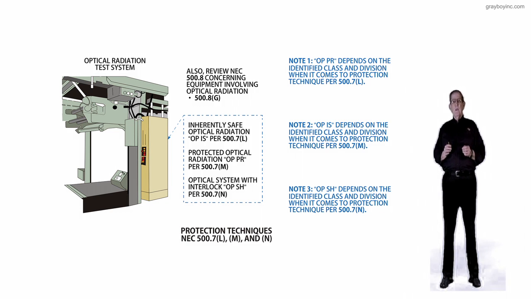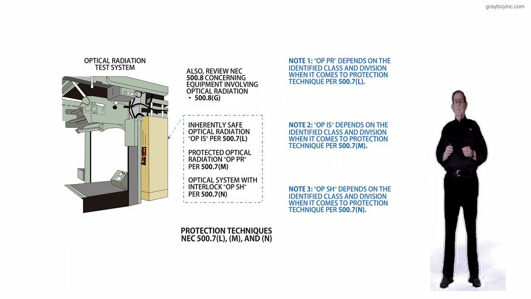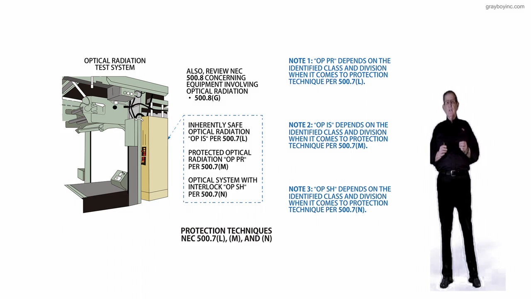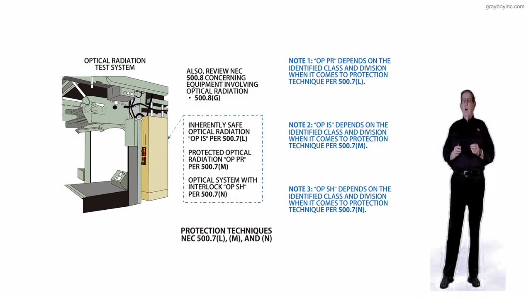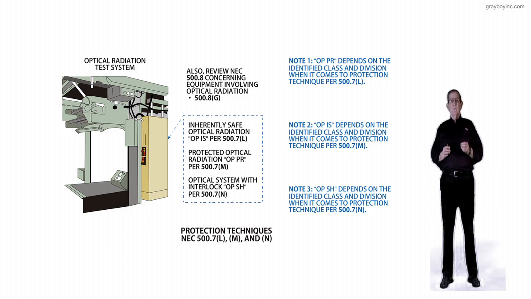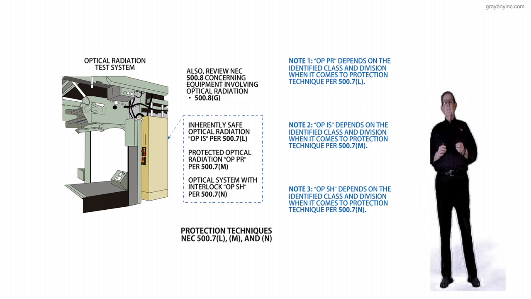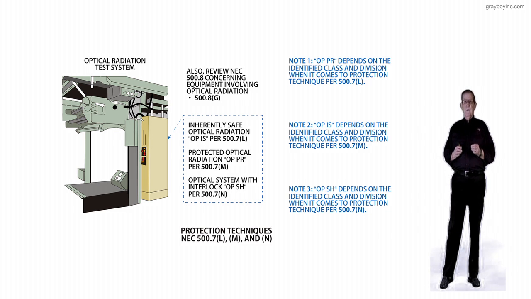Basically, operational optical radiation is a potential non-electrical risk of ignition in a hazard classified location and is largely generated by electrical means. Although most optical radiation is not a source of ignition, this standard allows for determination of those that are a source of ignition.